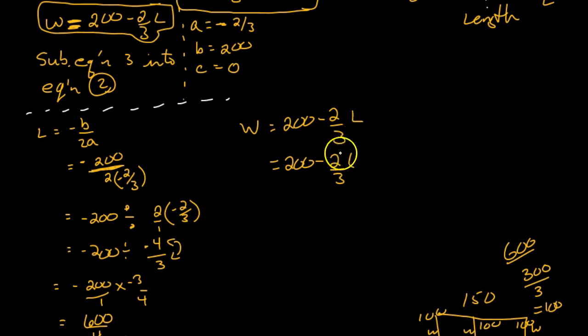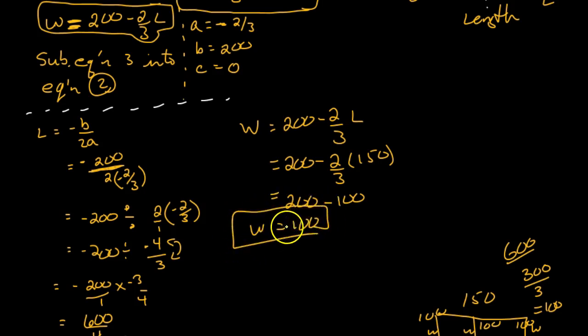We said the length was 150, right? Two times 150 is 300. Divide by 3 is 100. So your width is 100.